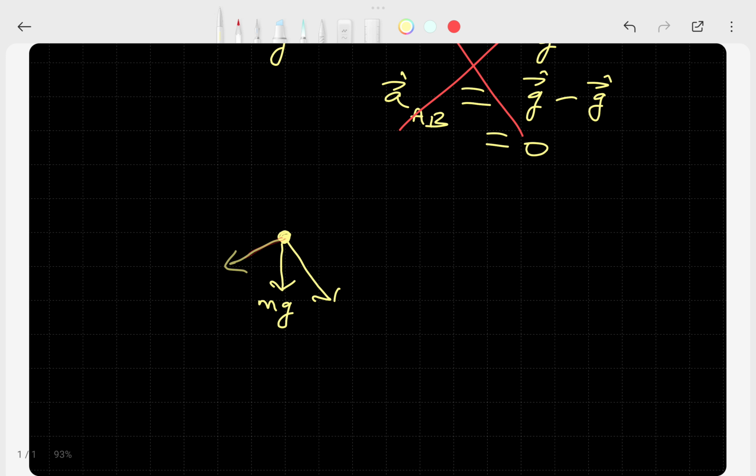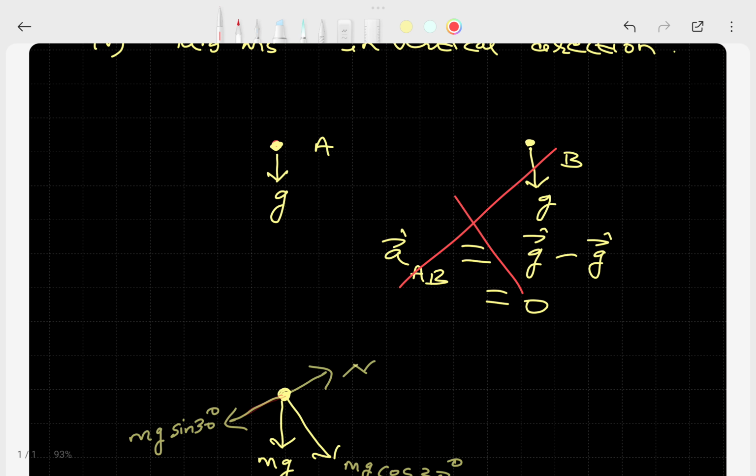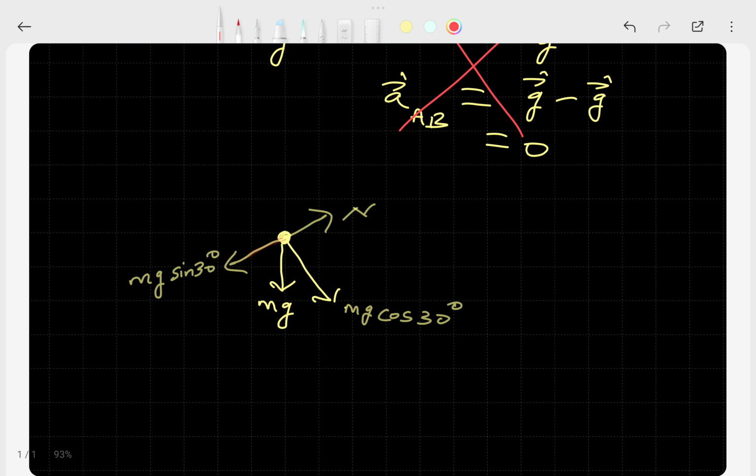Okay, mg sin 30 is balanced by normal. Anyway, this inclined plane is not moving, so no need to worry much. If the inclined plane was also placed on a frictionless surface, then we would need to go after pseudo force and all. But here the case is different and it's a very easy case. So mg cos 30 equals ma, we can write net force is equal to ma.